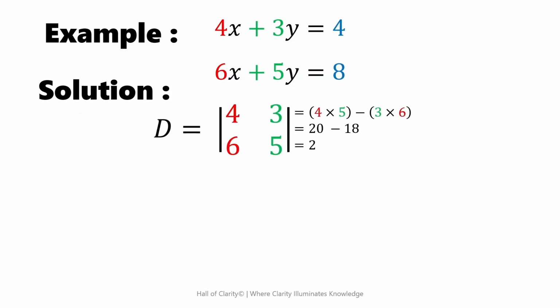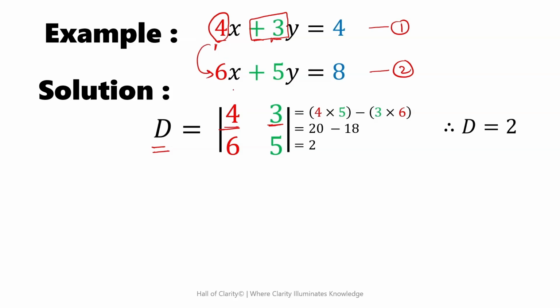First we will find the value of D. For determinant D, we all know that the first row consists of the coefficients of x and y from equation number 1. This is equation 1 and this is equation 2. The coefficient of x in equation 1 is 4 and of y is plus 3, so I will write 4 and plus 3 in the first row of determinant D. Similarly, I will write the coefficient of x, that is 6, and the coefficient of y, that is 5, which belong to equation number 2, in the second row.